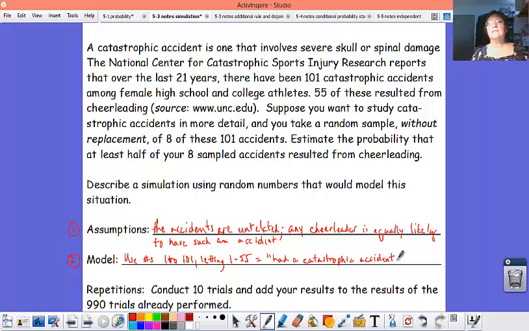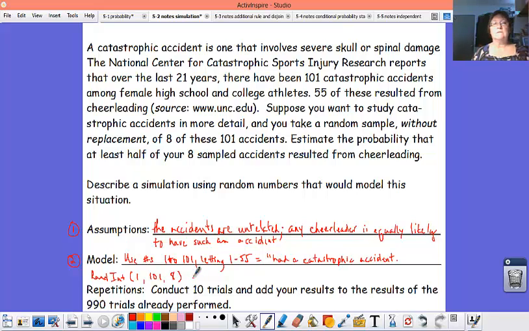It is not necessary, but they want you to describe it in words. You could at this point talk about the calculator keystrokes that you're going to use. I'm going to use, since I have the TI-84, RandInt, and then numbers 1 to 101. And this says I'm sampling 8 at a time, so I need 8 repetitions.